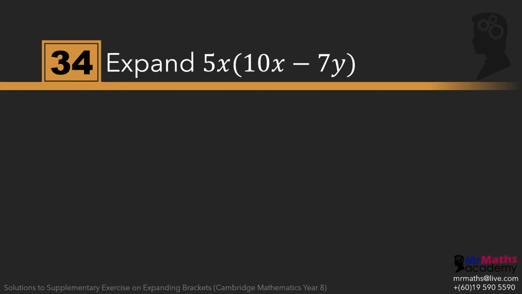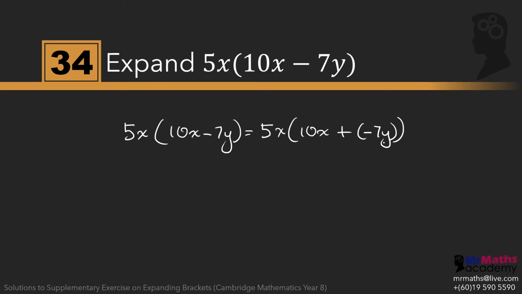Next question. 5x times 10x minus 7y. 10x plus minus 7y. Okay, multiply them together.